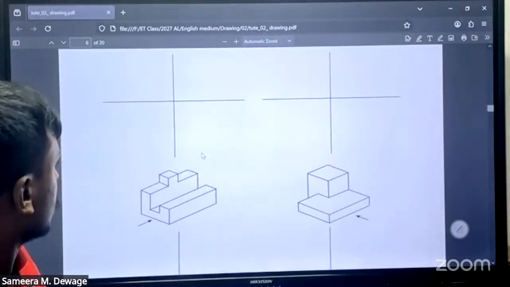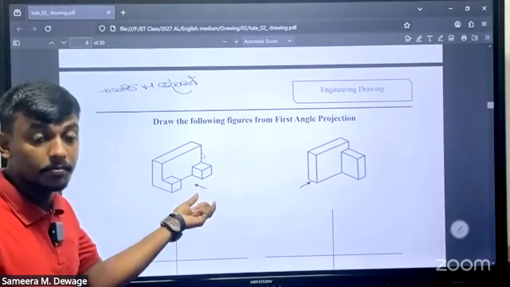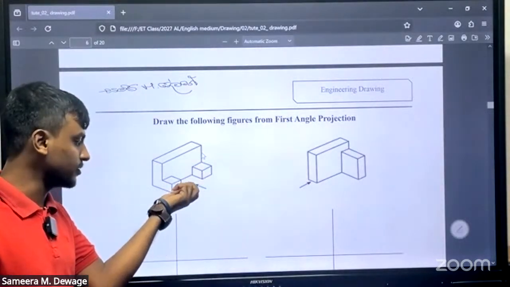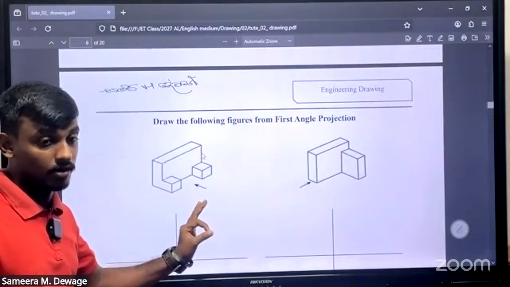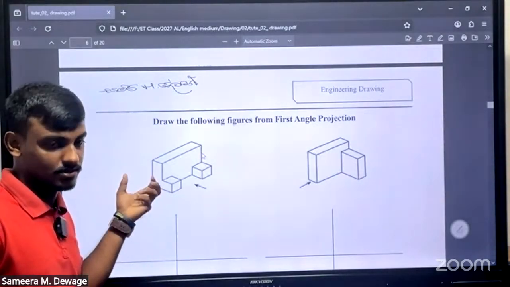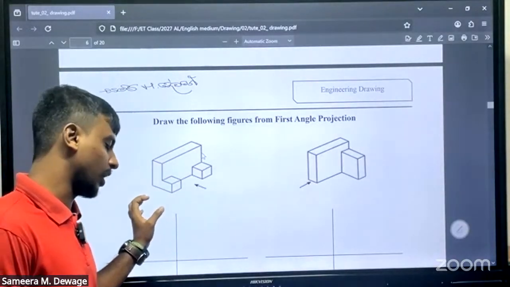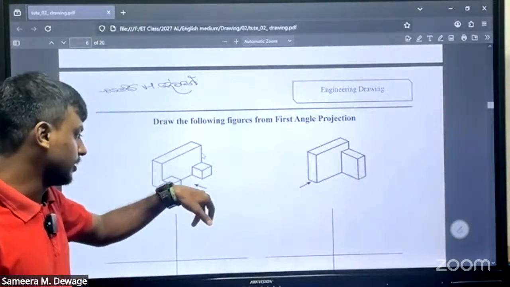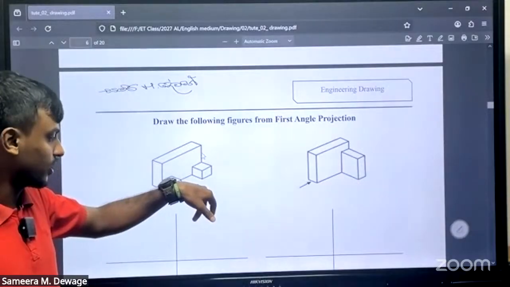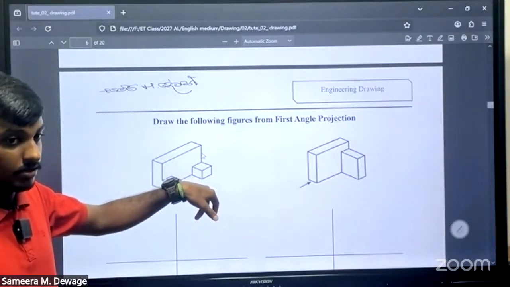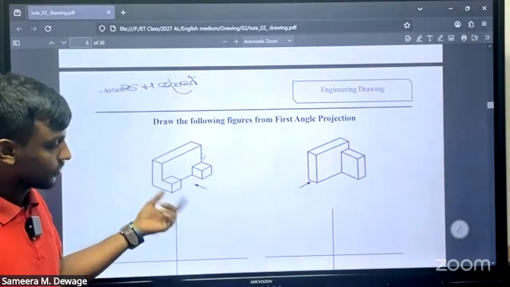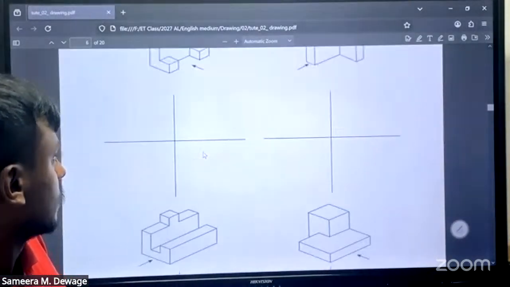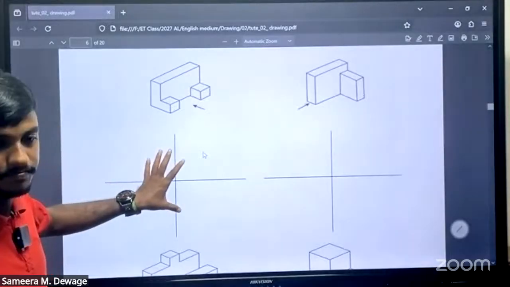Take this arrow side as your front, and the other side is the side, left or right side. Always take the arrow side as your front view, then you can draw here.